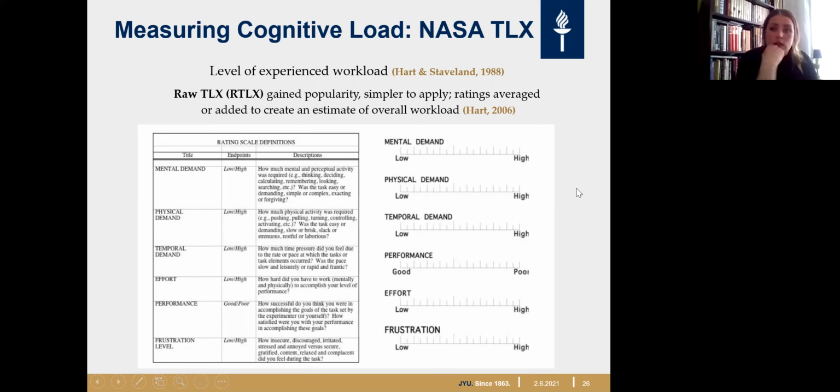We recently, in Kaisa's research group, conducted an experiment of interactive methods of multi-objective optimization. And we wanted to understand how the cognitive load is experienced differently between the different methods.